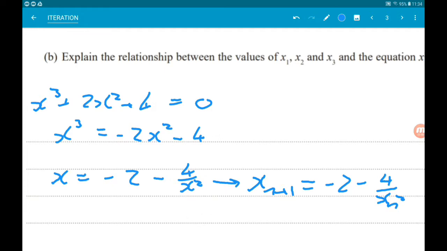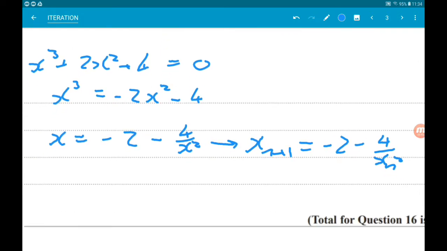So that means then that x1, x2 and x3 are estimates of solutions to x cubed add 2x squared add 4 is equal to 0. Or we should say approximations.